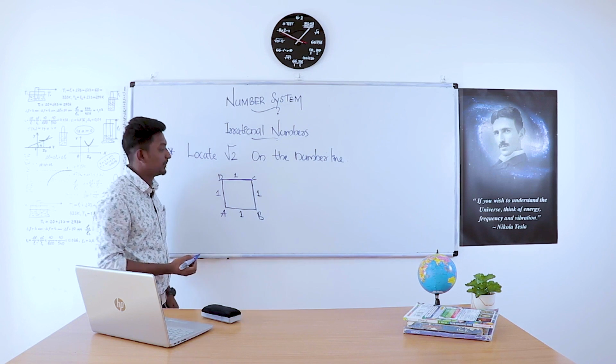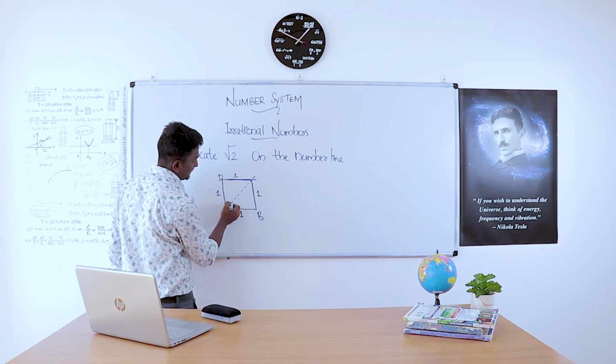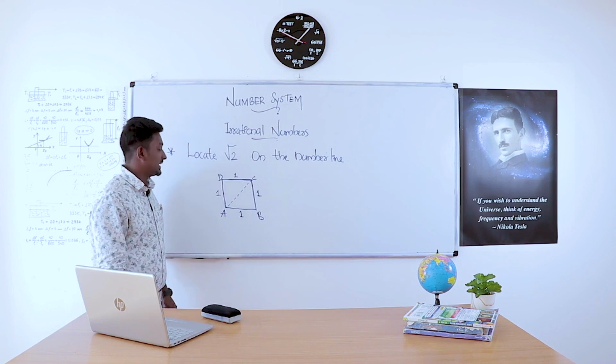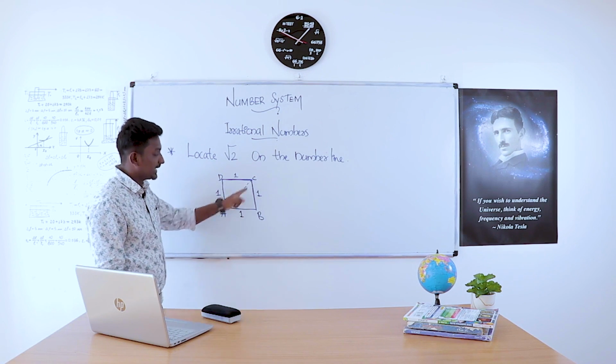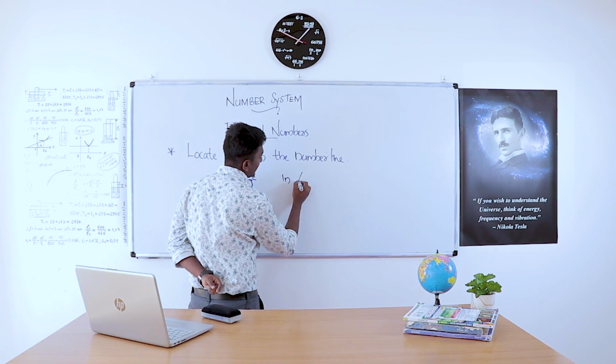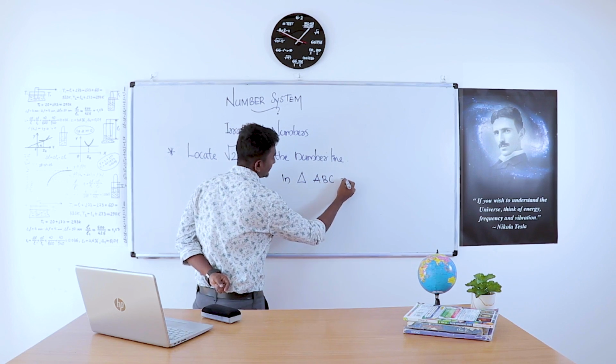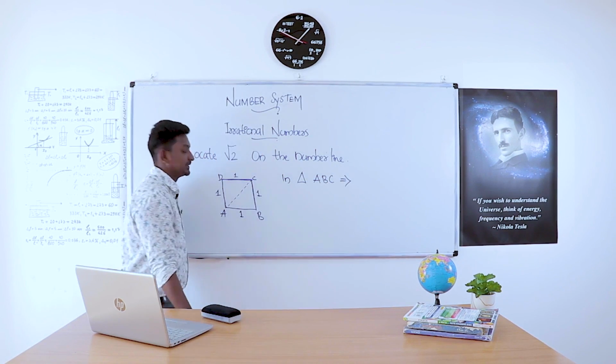Now I'm drawing a diagonal. Yes, this is the diagonal. Now we get a right triangle ABC. This is our right triangle.